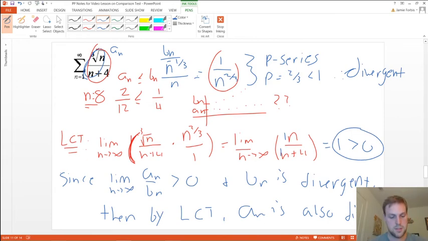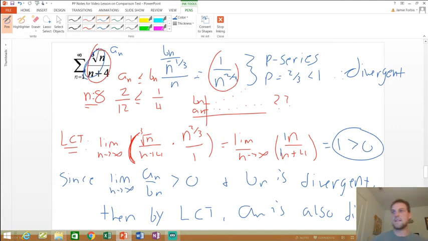There we have it. We are looking good and ready to go. All right, perfect. So that's using the comparison test and the limit comparison test.